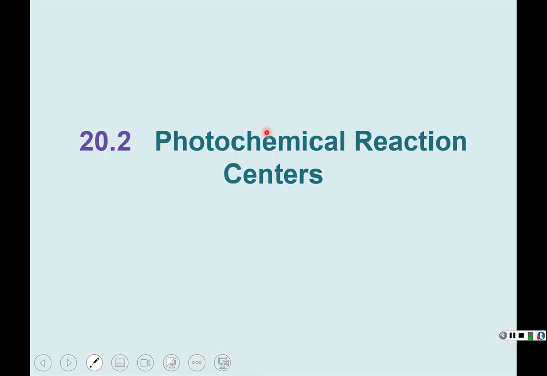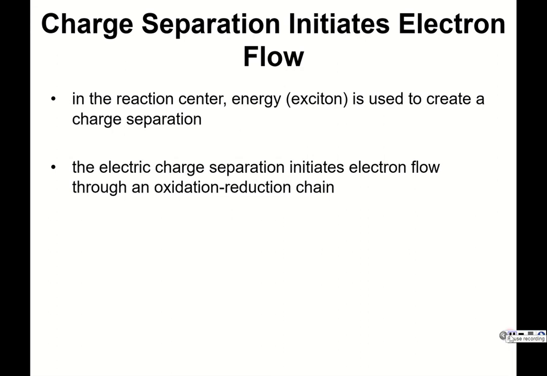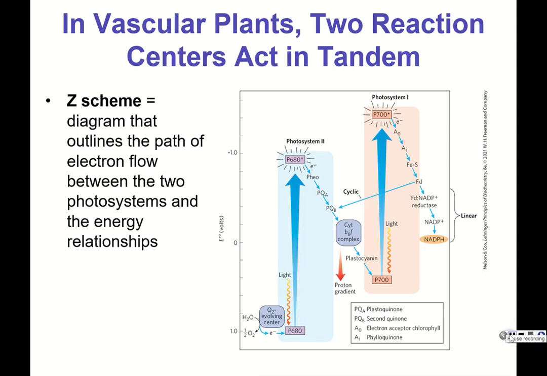Okay, so let's actually look into these reaction centers with some more detail. We're going to be focusing on plants, okay? And this is the schematic that explains how this happens in plants, these two photosystems.